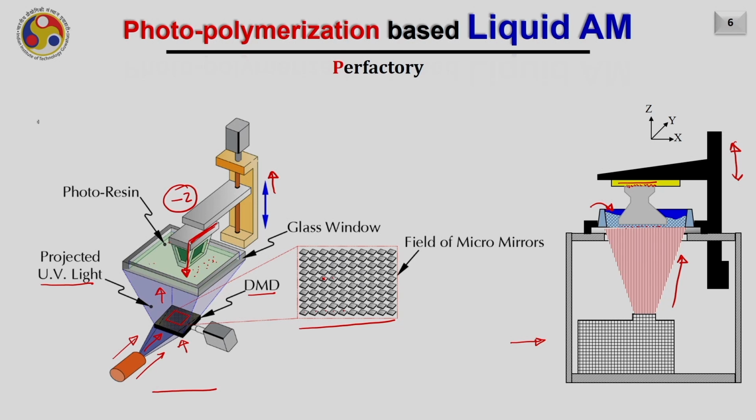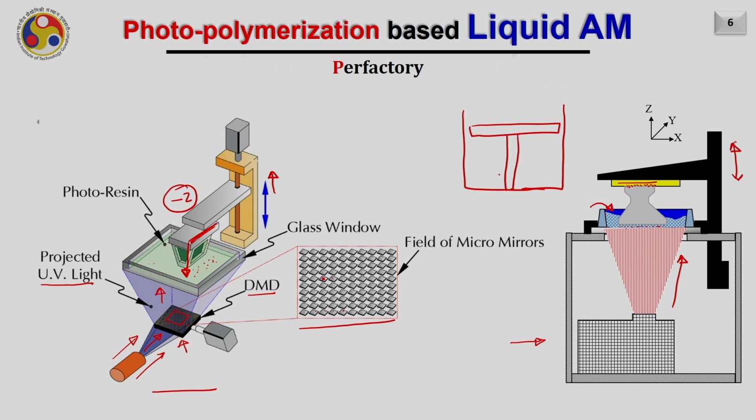You can see one very important thing here, that this process has a far greater advantage as compared to the SLA process: the requirement of the material. In the case of the SLA process, if you recall, we used to have a big tank of liquid photopolymer and we have the part here.